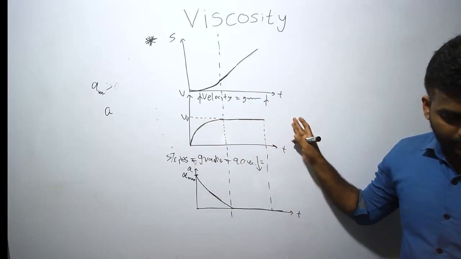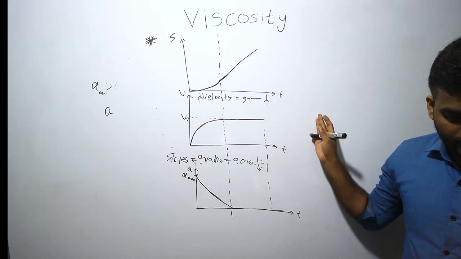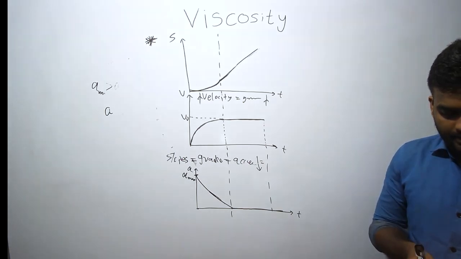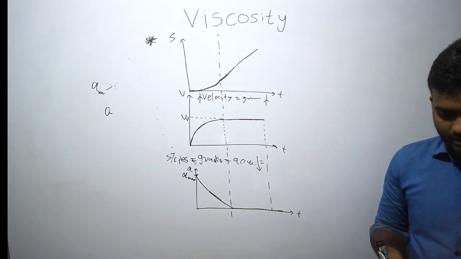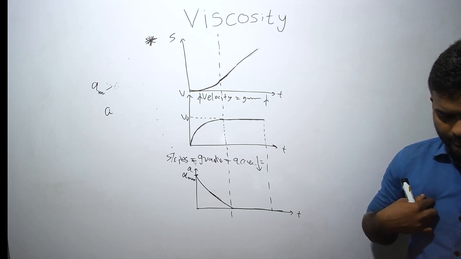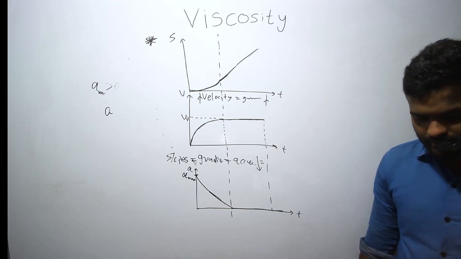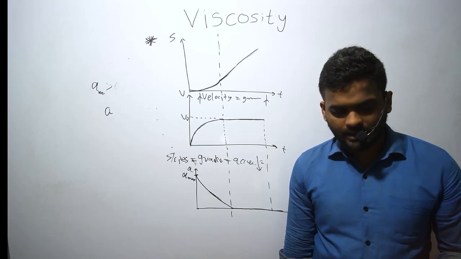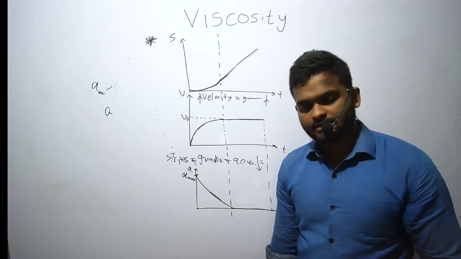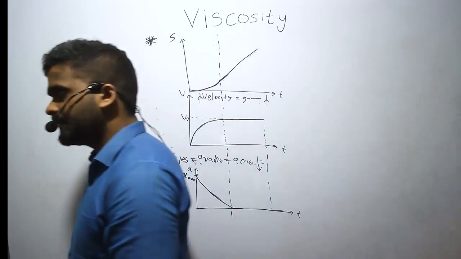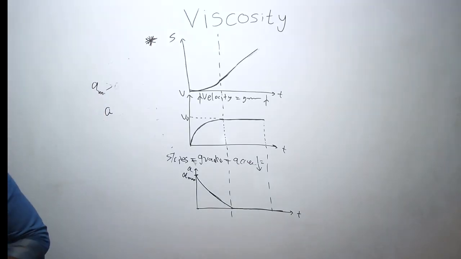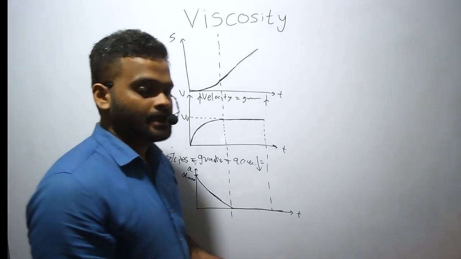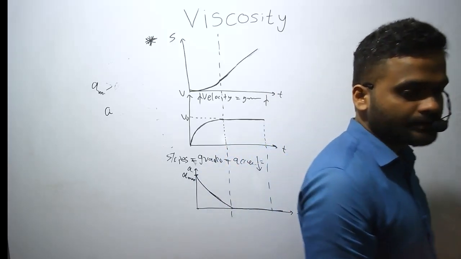Then in front of VT graph, write this down. Since acceleration decreases, gradient decreases.